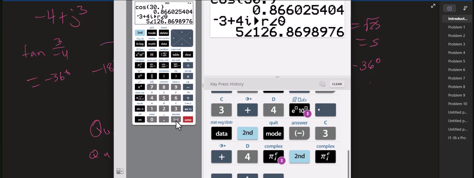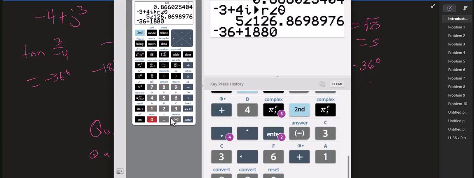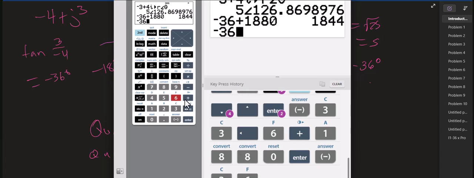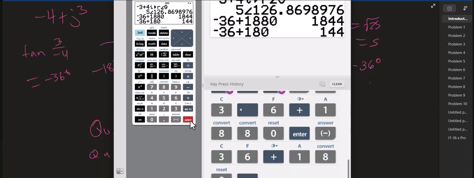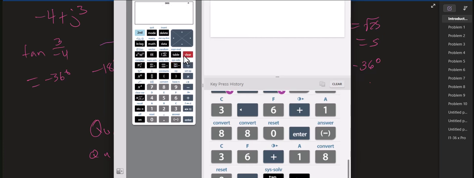So like if I took that -36 plus 180... I see, I can't even use a calculator. -36 plus 180. Oh, I think I have this. I had 4/3 instead of 3/4. So anyway, it does work.